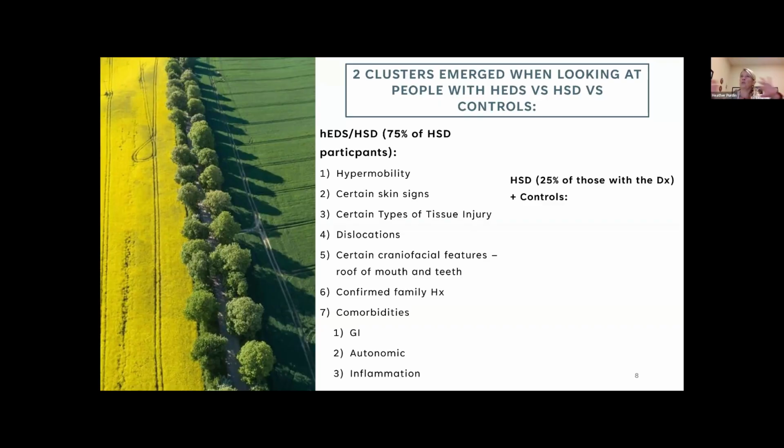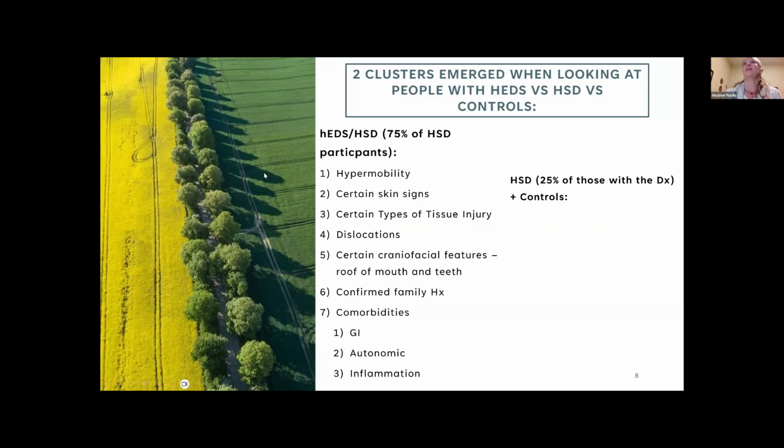So it was pretty good at pulling out controls. They're going to have to figure out that 25% of those with HSD and how to get a cleaner line that gets them into the groups. But there were enough similarities between HSD and hEDS that they didn't pull out as two separate groups. They were looking more like one group.